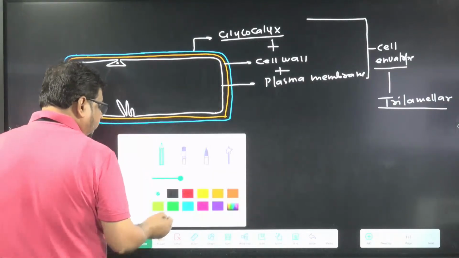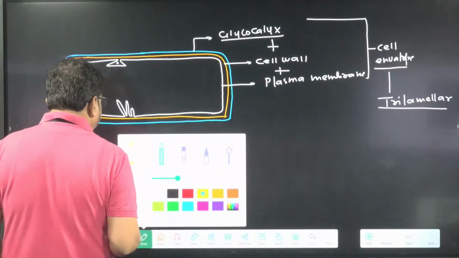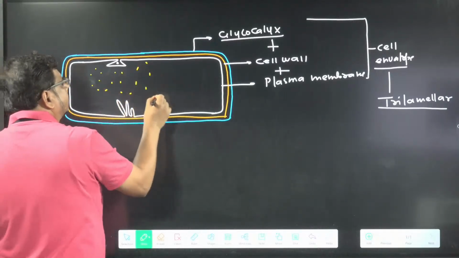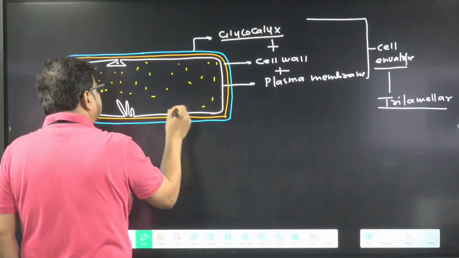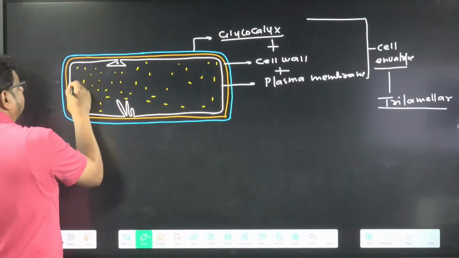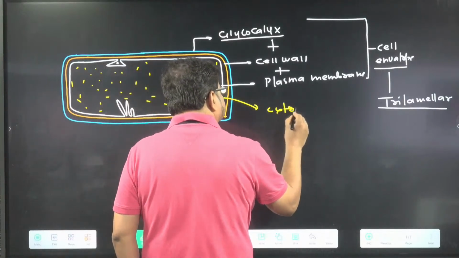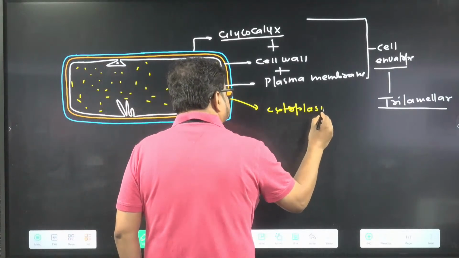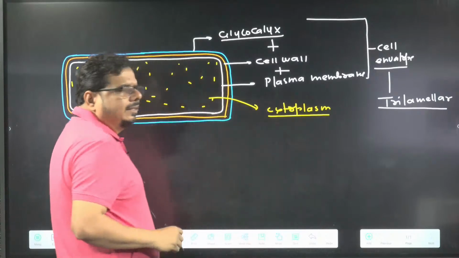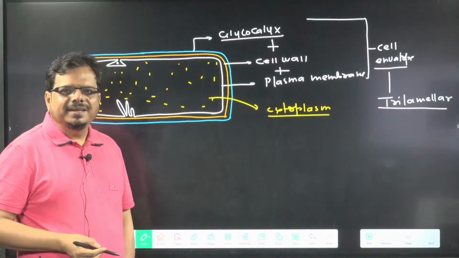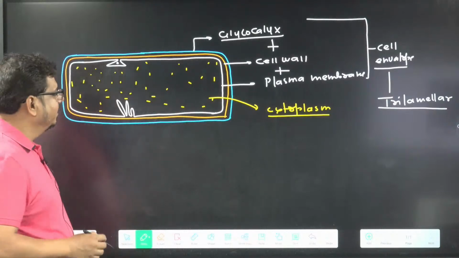Now inside the plasma membrane, who is present? Cytoplasm is present. Cytoplasm is a universal structure. It is present in both prokaryotic cell and eukaryotic cell. Getting the idea or not?